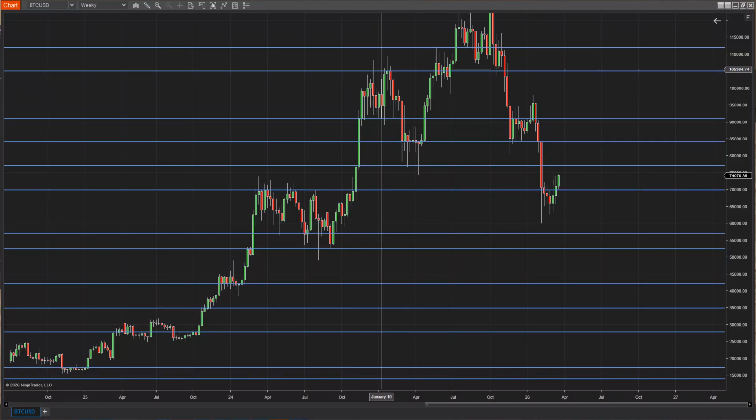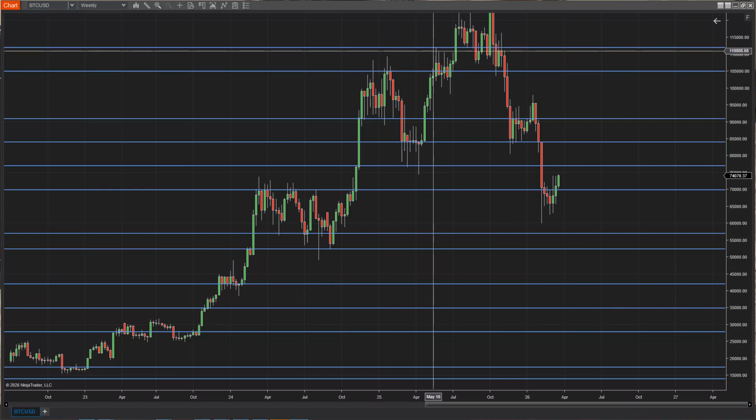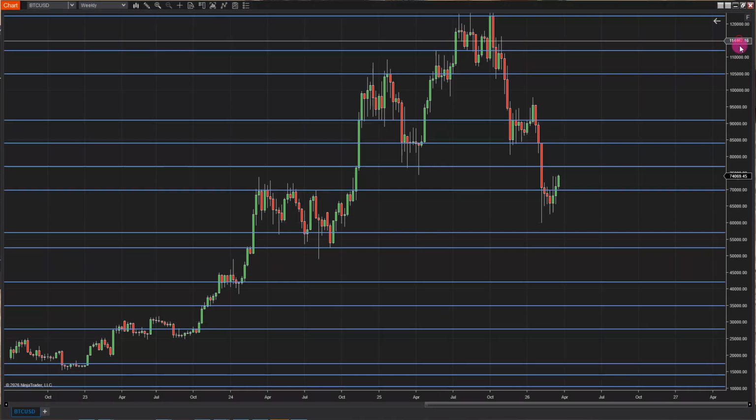Then it went up to 105,000, which is 35 times 3 is 105, or 35,000 times 3, 105,000. Another step up to the 112,000, which is just the 105 plus 7,000, became the next resistance point.